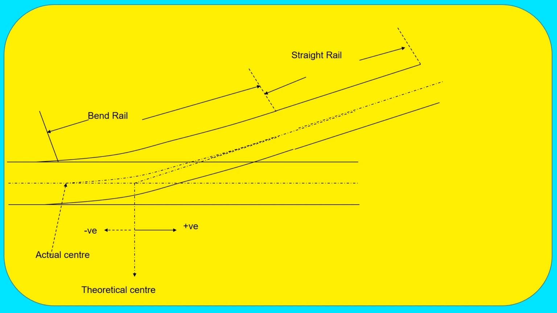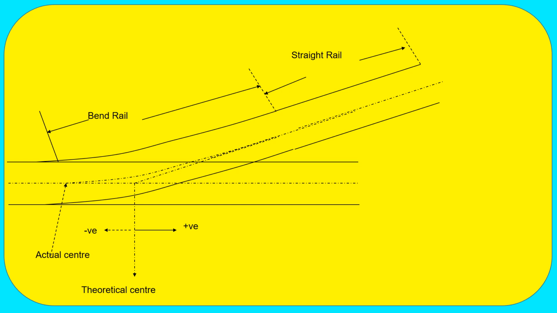That means the line is not initiated from that place. So this is a crossover. It is the combination of two turnouts. For a turnout there is only one diversion, while a crossover is a combination of two turnouts.